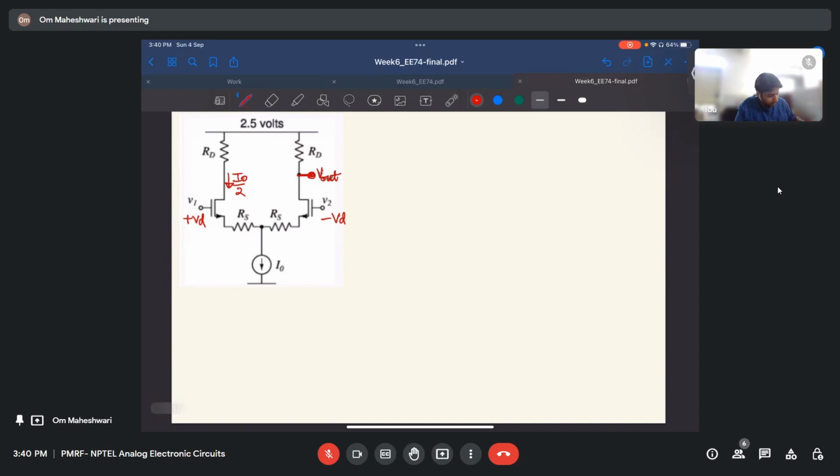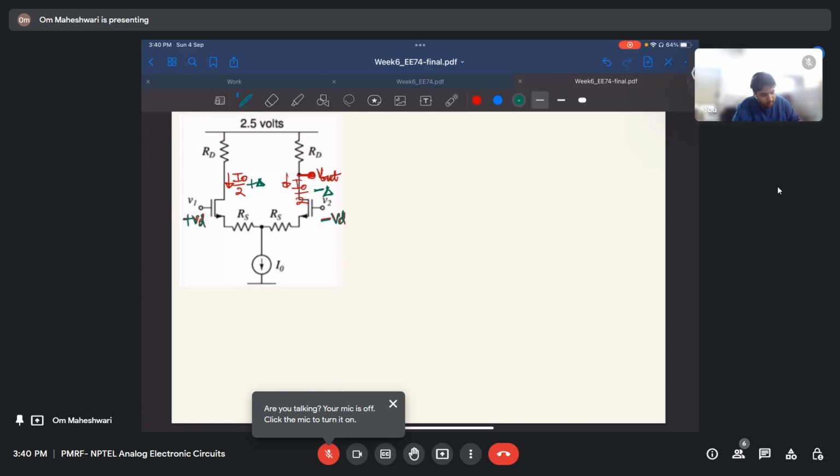Give me a minute, my pencil is discharged. I naught by 2 flows here also. So when I apply this plus VD here, I naught by 2 plus some delta current will flow here, and when I have applied minus VD here, I naught by 2 minus delta will flow here.